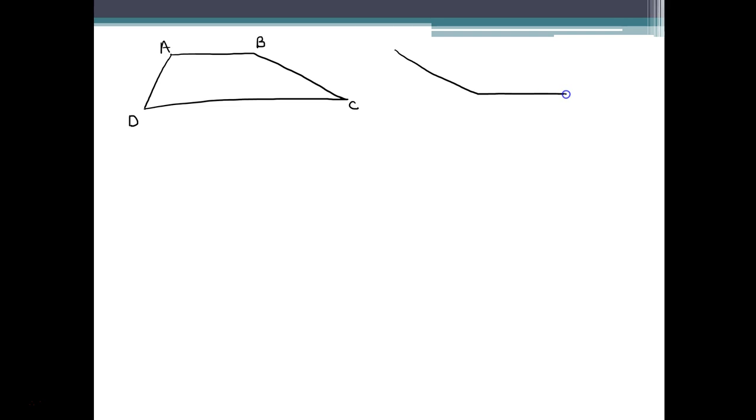Let's say you have figure, this quadrilateral here with quadrilateral ABCD. And then you have another quadrilateral. It's just rotated basically. A complement, B complement, C complement, D complement.